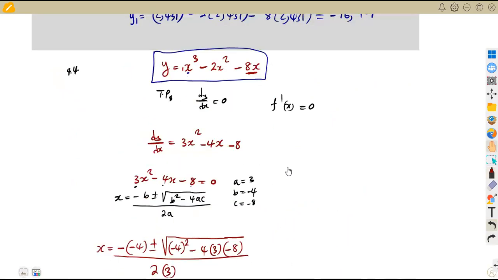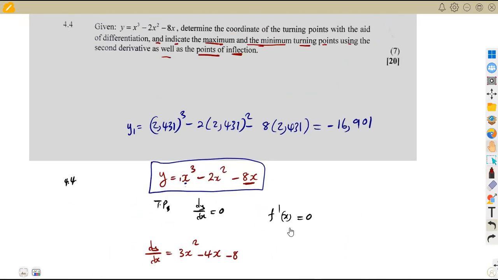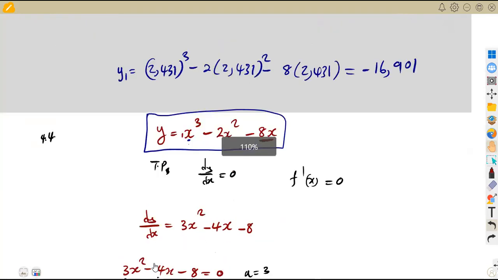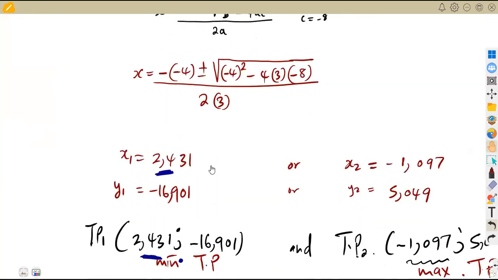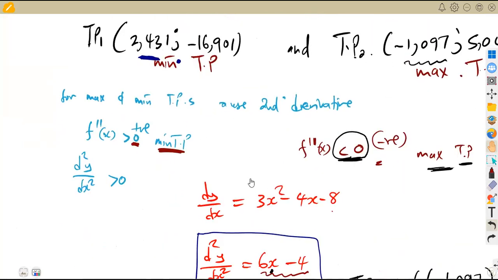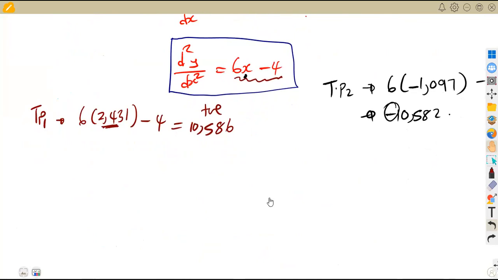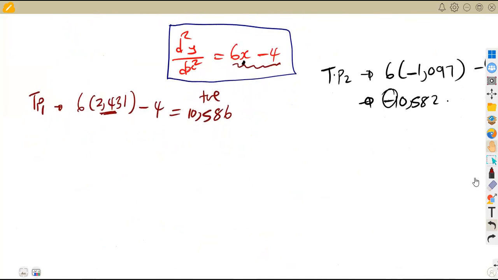All right, so that was our question on determining the nature of the turning points. Then it was also to find the points of inflection in this case. The point of inflection is also from the second derivative, but how do you determine it? For the point of inflection, the second derivative with respect to x must be equal to 0.